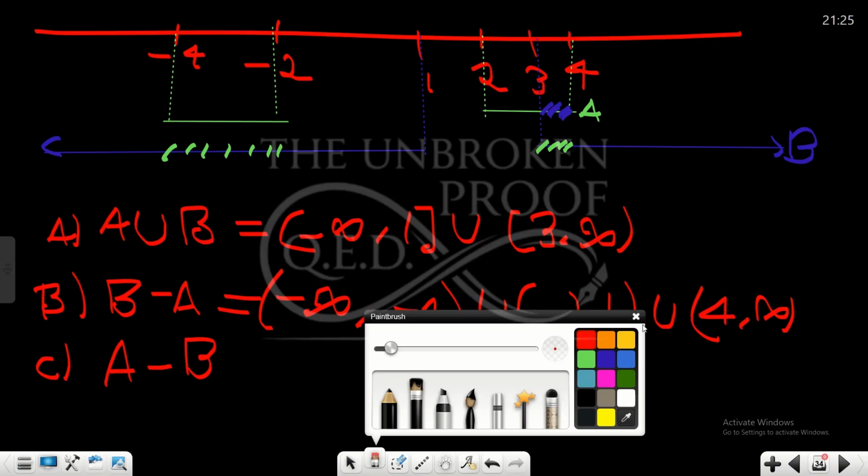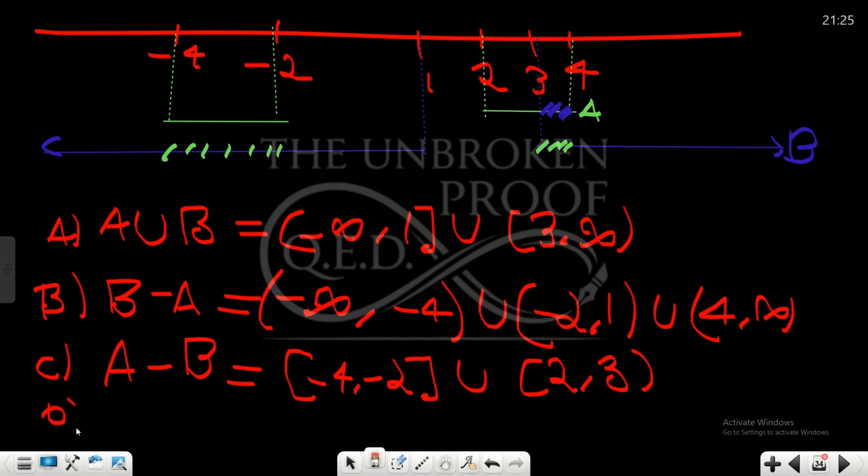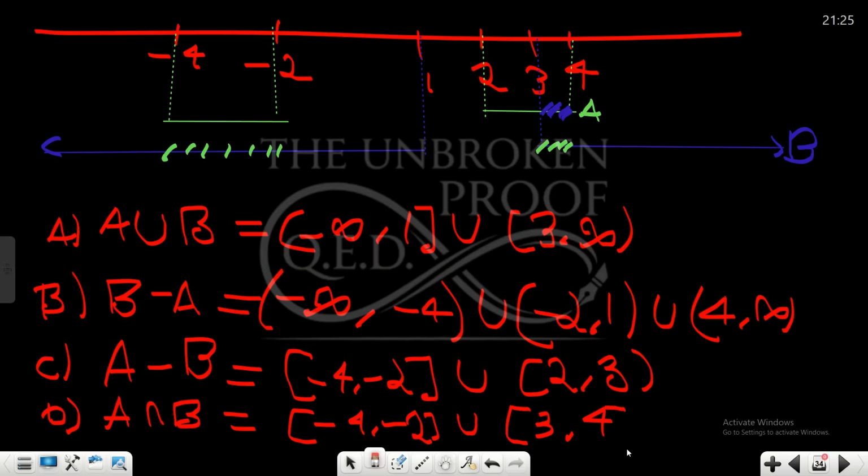Then this indicates that A minus B is equal to minus 4 to minus 2 union 2 to 3. And finally option D says A intersection B, and that is nothing but minus 4 to minus 2 union with 3 to 4. So this is A intersection B.